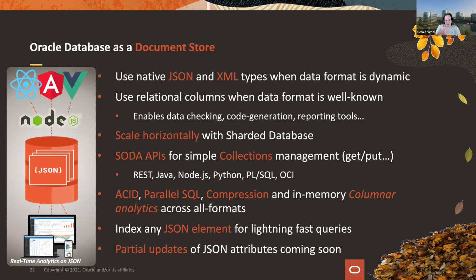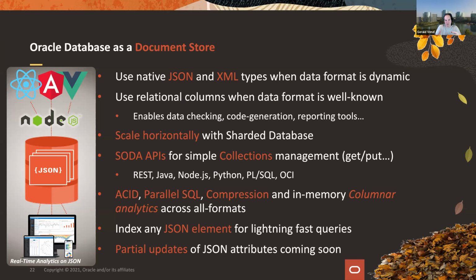Mentioned before already numerous times, the database has a document store, so we have full JSON and XML support, native support for these things. The SQL engine is fully aware of these, so you can either use document store APIs, like for JSON, for example, we have SODA APIs out there that you can leverage, whether via REST or Java or JavaScript, Python, etc. But you can also write SQL queries against that.